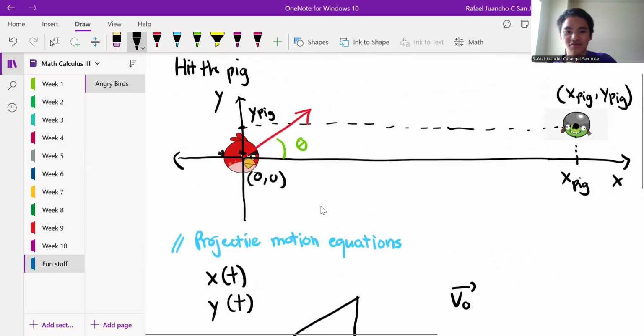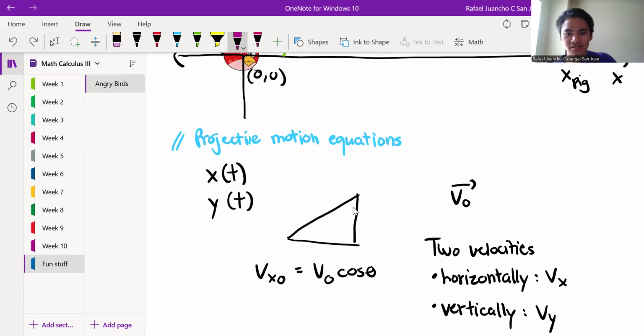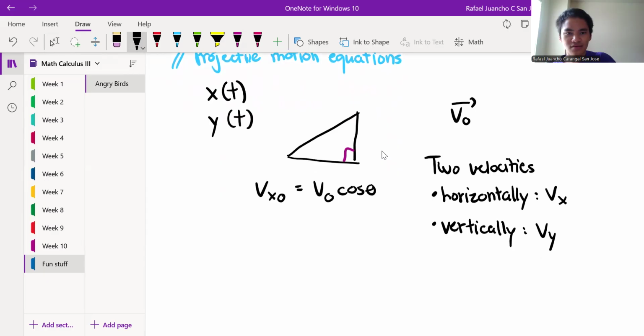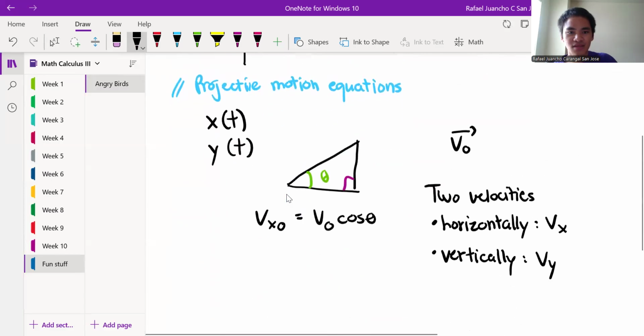So here we can see from this diagram that's kind of a right triangle. If we go down, that's a right triangle, right? Here's our angle theta, and our vector is here, our initial vector v naught.